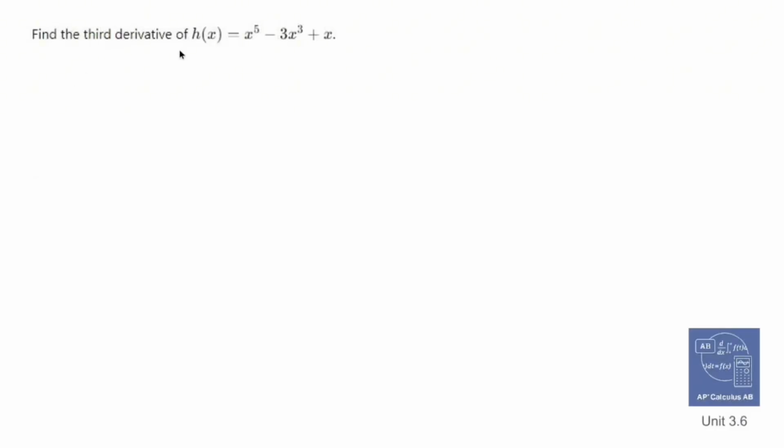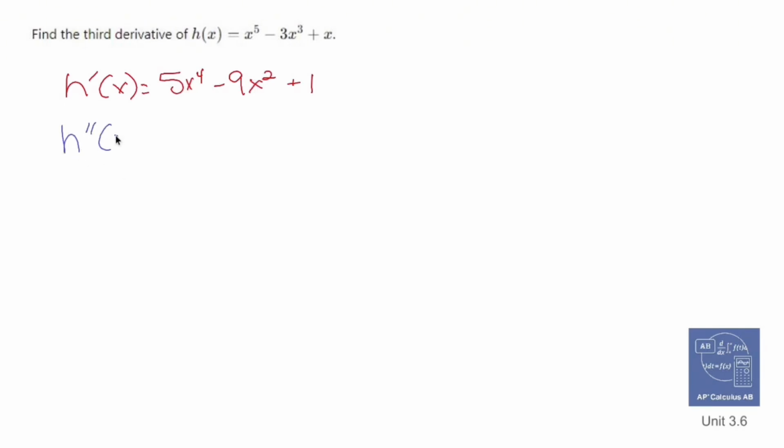Find the third derivative of h of x equals x to the 5th minus 3x cubed plus x. So power rule, power rule, power rule. The first derivative is going to be 5x to the 4th minus 9x squared plus 1. Okay? Power rule, power rule, power rule.